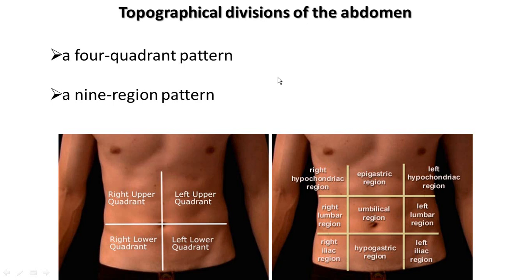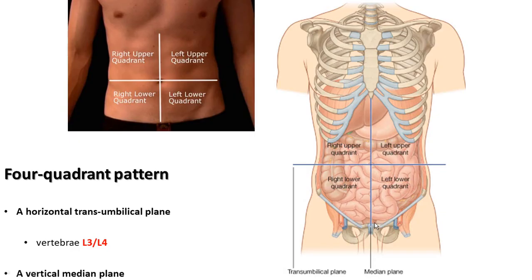All right, now we are going to describe the topographic divisions of the abdomen by the planes, as mentioned earlier. We have a four quadrant pattern, as you can see in this picture, and a nine region pattern in this picture. The four quadrant pattern is formed by a horizontal transumbilical plane and a vertical median plane.